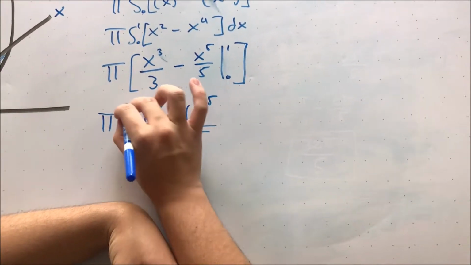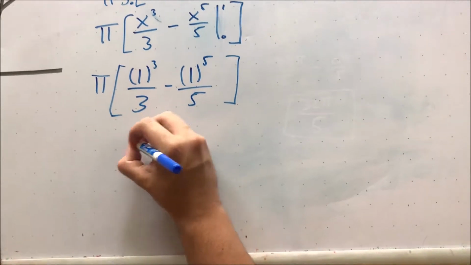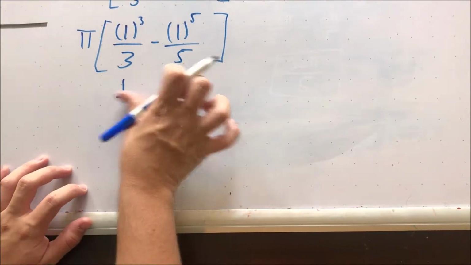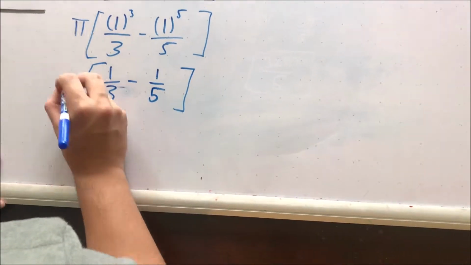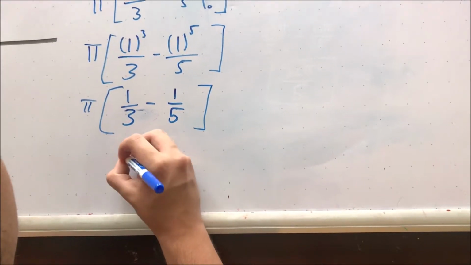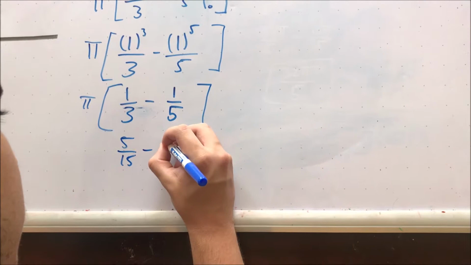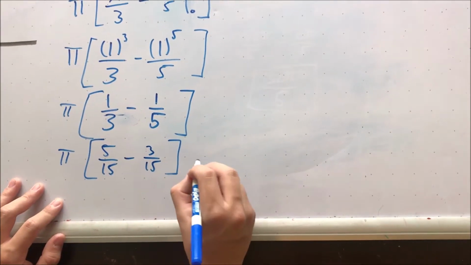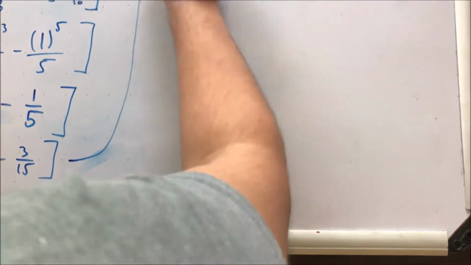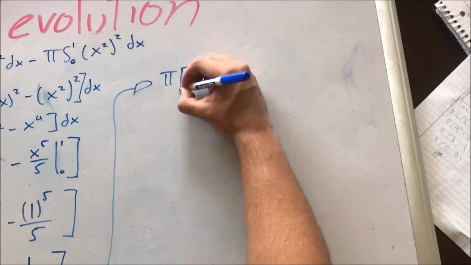And then we're going to plug in 1 into that equation there, giving us 1/3 minus 1/5. And we're going to skip the 0 part because that will just cancel out on its own, because 0 over 3 and 0 over 5 are both going to be 0. We're going to find the common denominator and subtract 5/15 minus 3/15, and we're going to get 2 pi over 15.